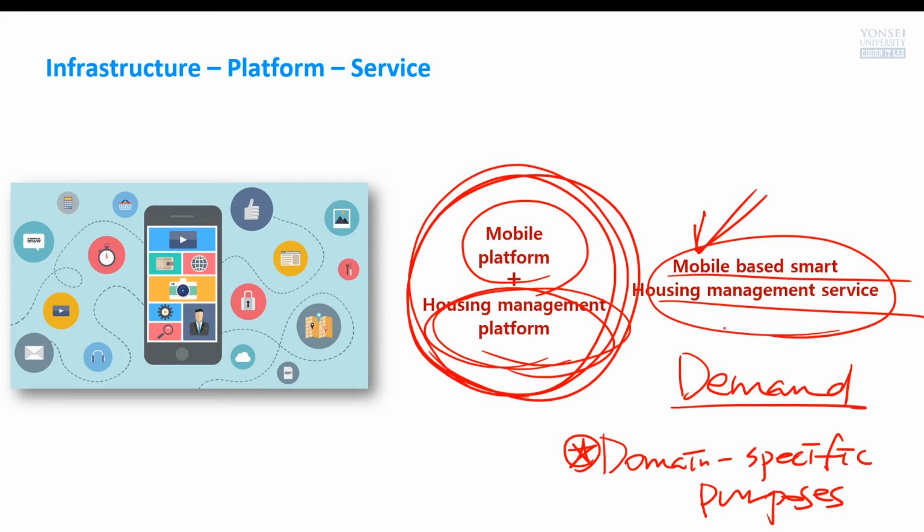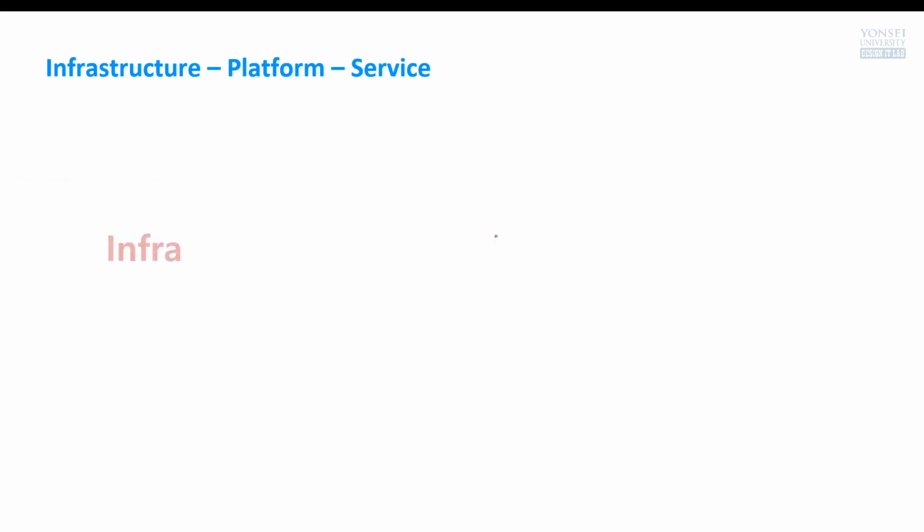My point is, for making your own domain-specific demand based upon your own needs and purposes, you need to think about your new services using those AID platforms. If you have something design-related services and so on, something like that.